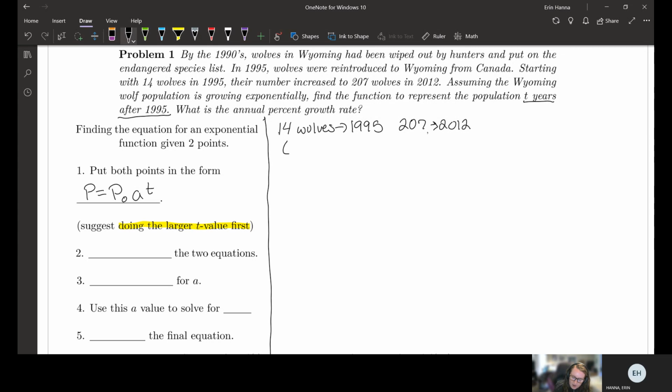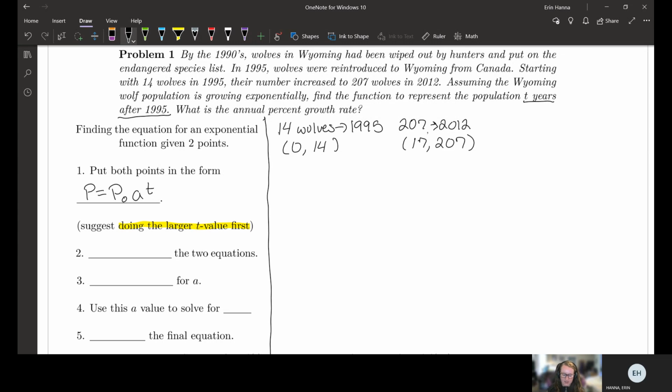These 2 points are going to become (0, 14), because 1995 is 0 years since 1995, and then (17, 207), because 2012 is 17 years after 1995.